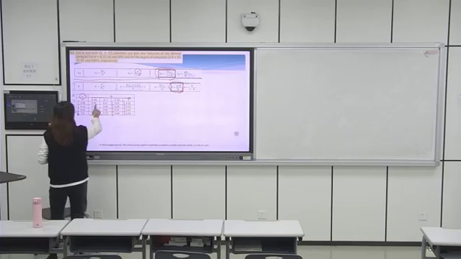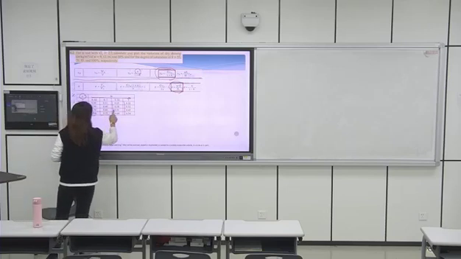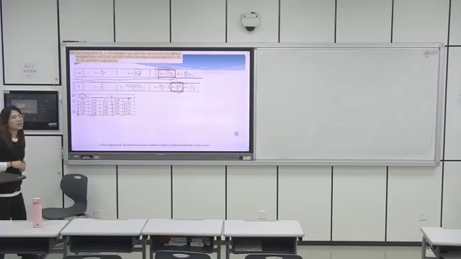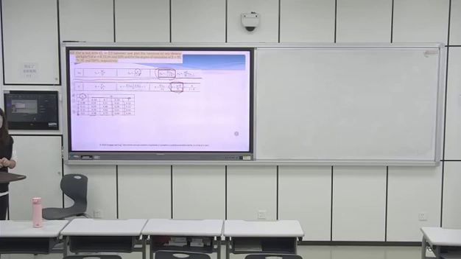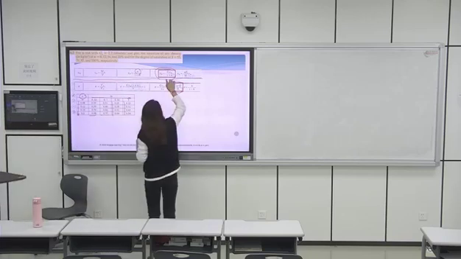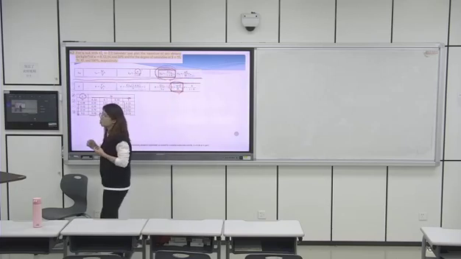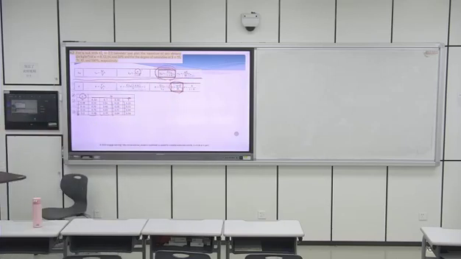So we calculate 16 void ratios, because we have 4 water contents under 4 different saturation degrees, so 4 times 4 is 16. Put these 16 void ratios into here, and you get 16 dry densities, for the 4 water contents under 4 different saturation degrees.